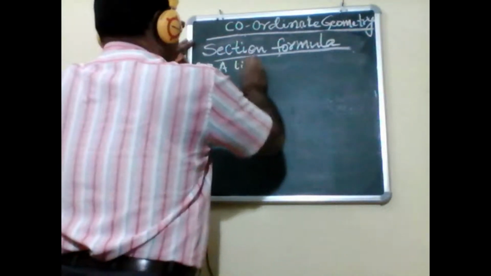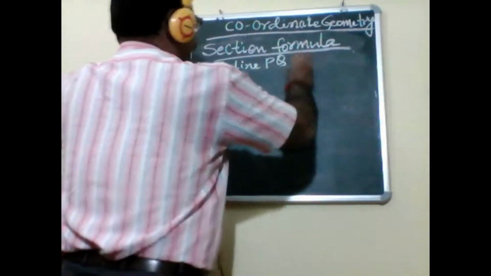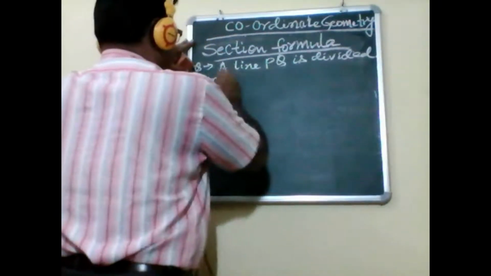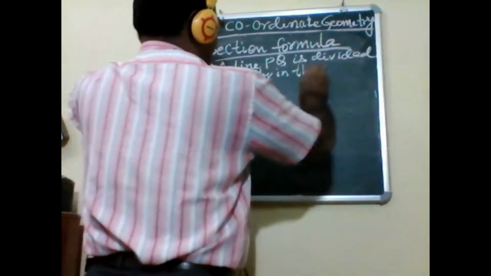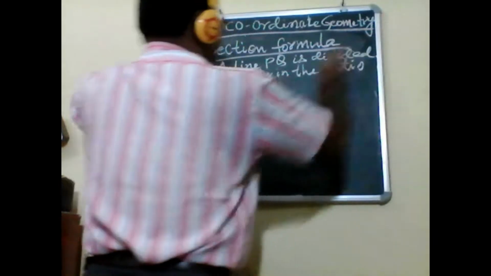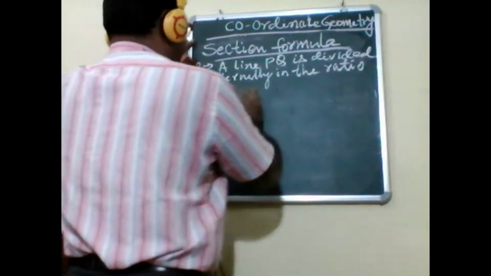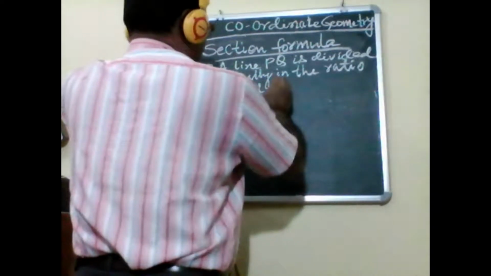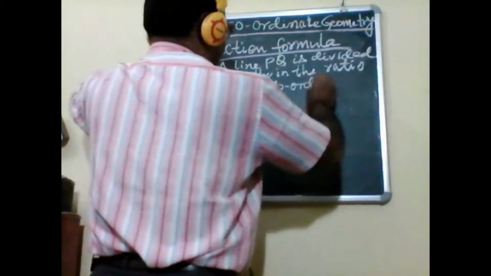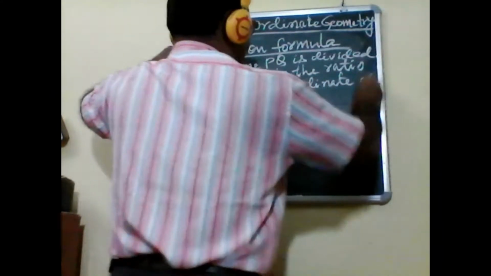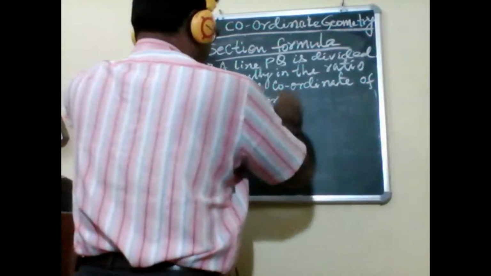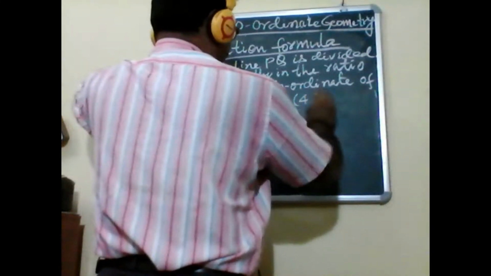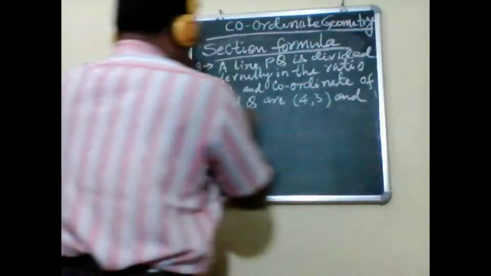A line PQ is divided internally in the ratio 2:3, and the coordinates of P and Q are 4, 3 and 5, 2.